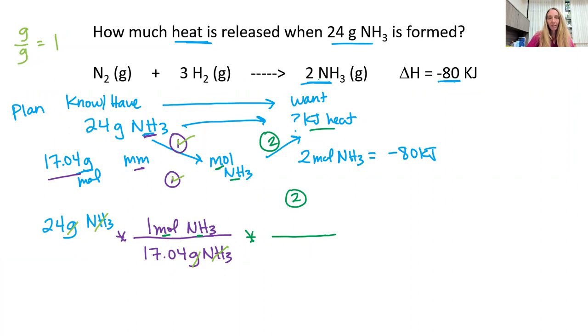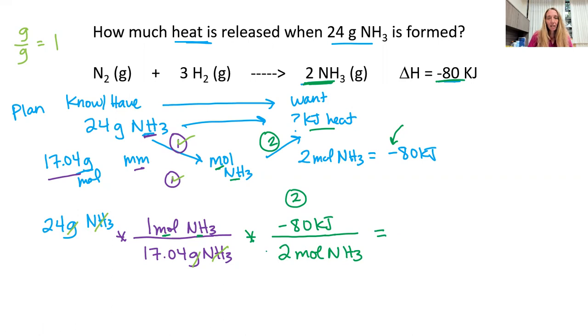So if I look at my balanced chemical equation, I see that 2 moles of NH3 equals negative 80 kilojoules of heat. Since moles are at the top over here, I'm going to put moles at the bottom. Equals negative 80 kilojoules. And I always just put that negative sign in because that negative sign tells me direction. So negative means exothermic, heat's being released. So I keep it in there.